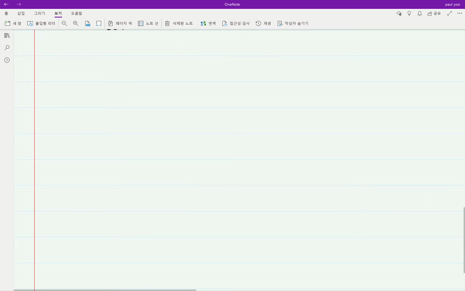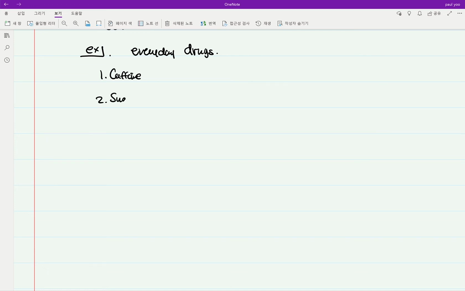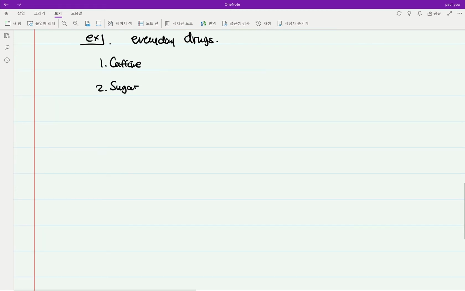And we also have examples of everyday drugs. They are 1. Caffeine. Caffeine is a stimulant in coffee, tea, or cocoa. Drinking coffee is taking a drug. Sugar interacts with the taste buds of the tongue to produce a sense of sweetness.